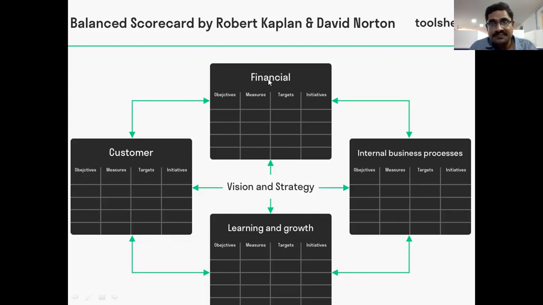First of all, finance. Finance means money or investment plans. So here: objectives, measures, targets, and initiatives. What are the financial objectives we have?